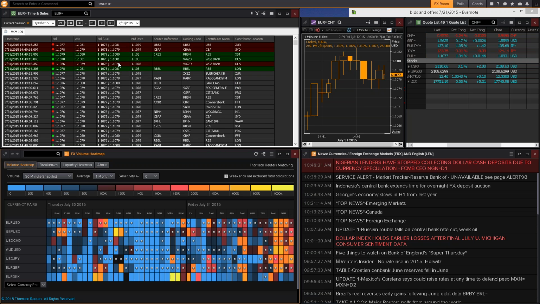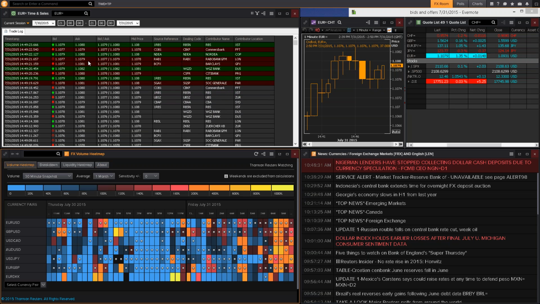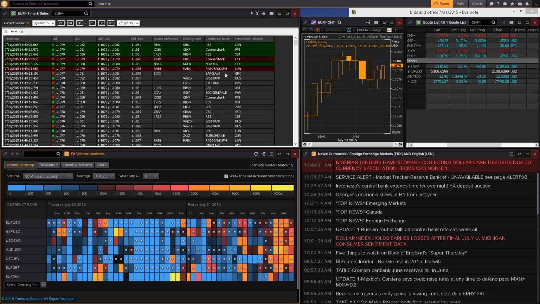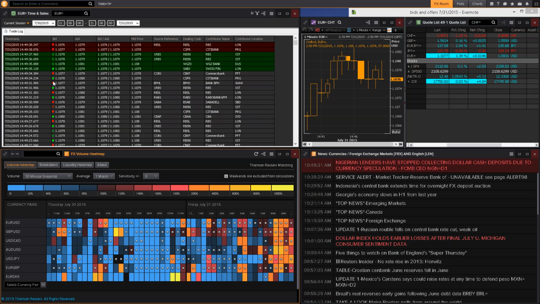The next thing that I look at is these bids and offers, bid and ask prices. The banks that I'm looking for are UBS, RBS, Citibank, and Barclays. This is something you can only get by practice.